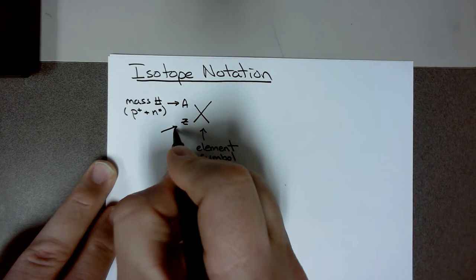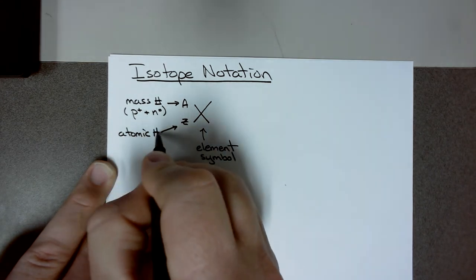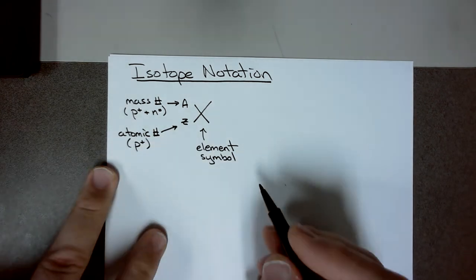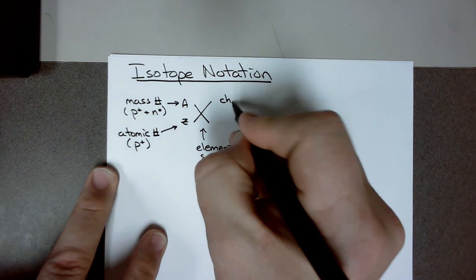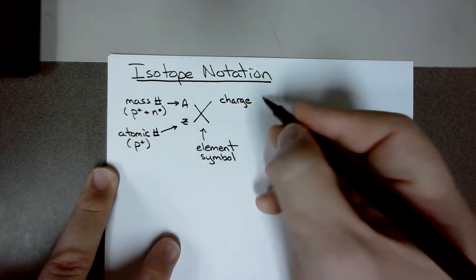Z is the atomic number, which is just the number of protons. And then up here there will be some kind of charge on the right if it's charged. If there is no charge, that just means it's neutral.